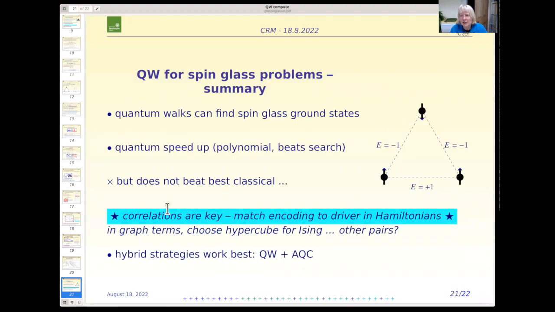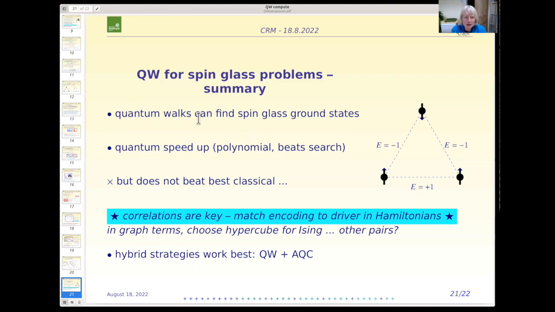So we're now reaching the summary. I hope I've demonstrated that, at least numerically, and there is potential for analytical results here, because there are many analytical results for different types of spin glasses and spin systems. But it's not my expertise. There are many more expert people out there who could potentially turn some of this into analytical, more scaling results.